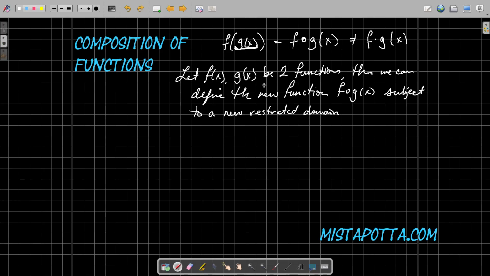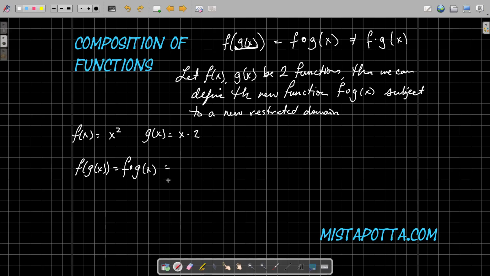So let's say I've got f of x equal to x squared and g of x equal to x minus 2. Then I can talk about this composition of functions, f of g of x, which I'll write f o g of x.